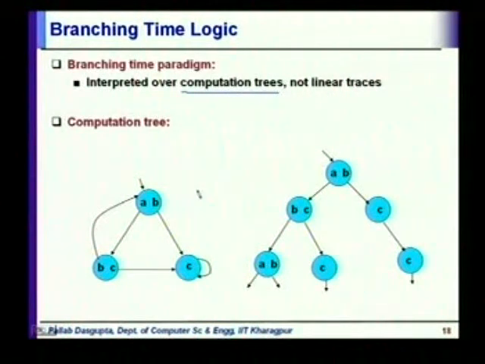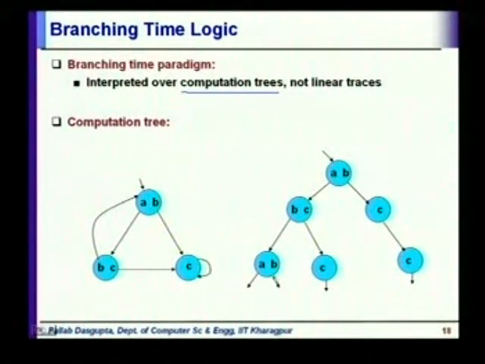So let's see how we derive a computation tree. If you look at this Kripke structure, then I can unfold this Kripke structure like this. So what does it say? When I am initially in the state AB, in this state, then I have two options, I can go here or here, right, and then from this state again I can go back to this state or I can go to this state.